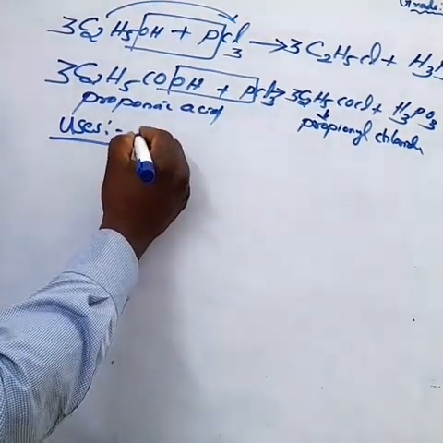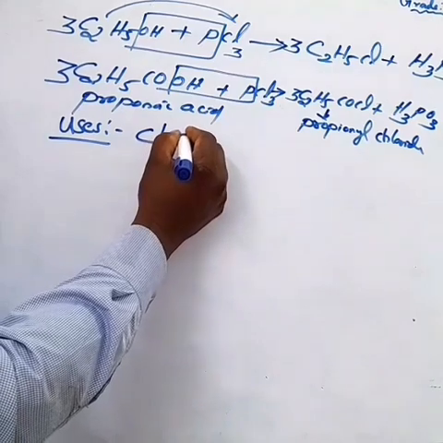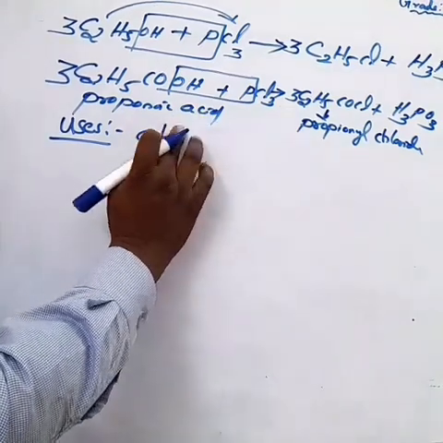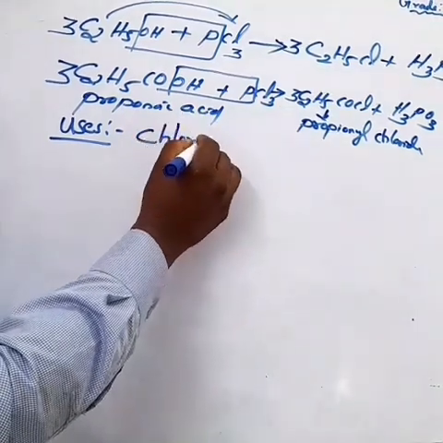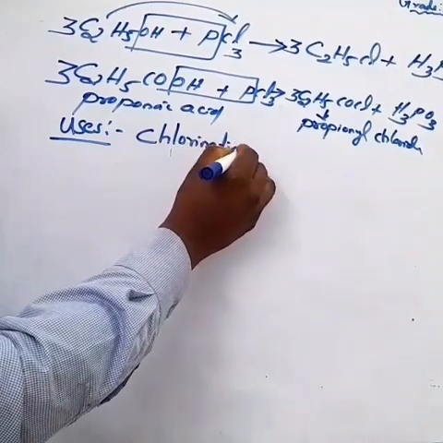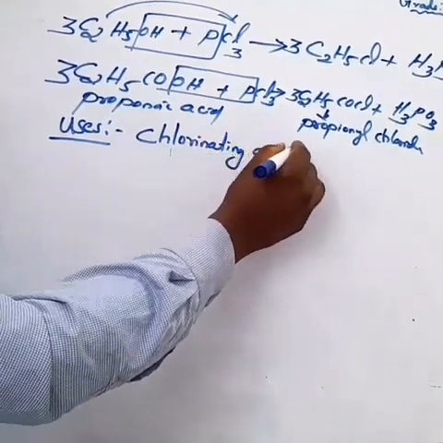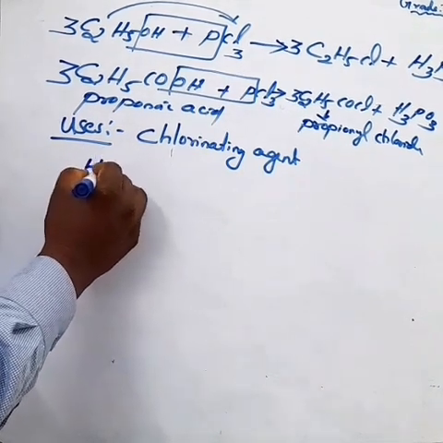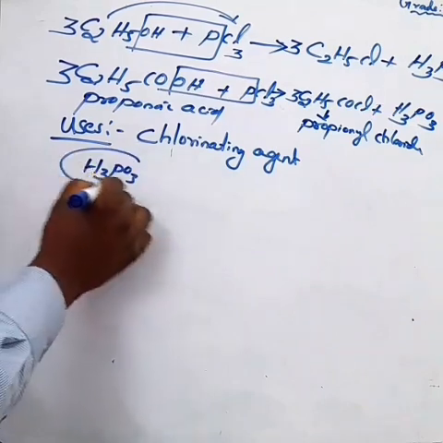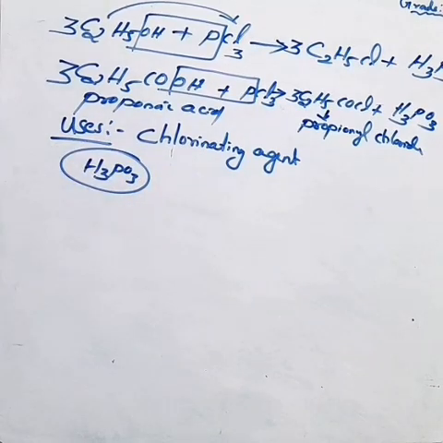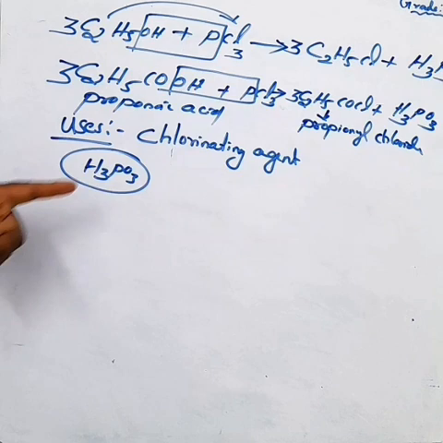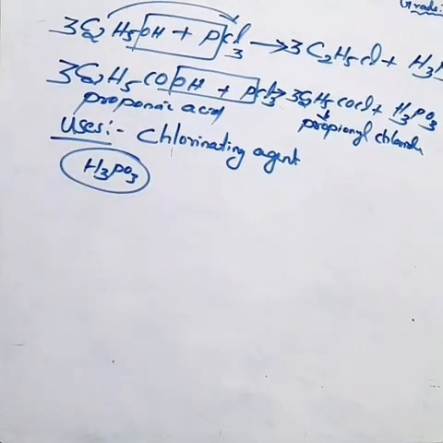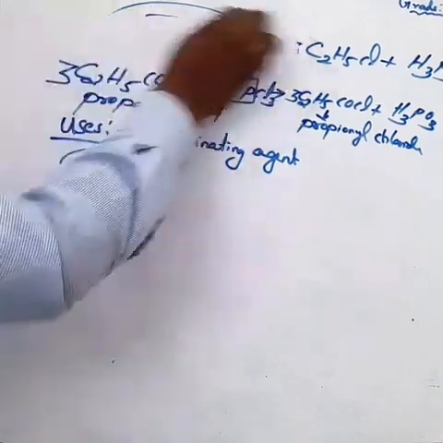Phosphorus trichloride is used as a chlorinating agent, and it is also used for the preparation of phosphorous acid. What is the formula? H3PO3. Phosphorus trichloride is used as a chlorinating agent and for the preparation of H3PO3.